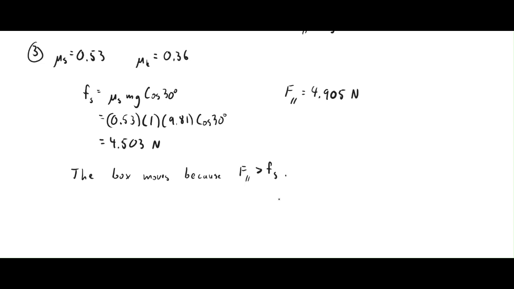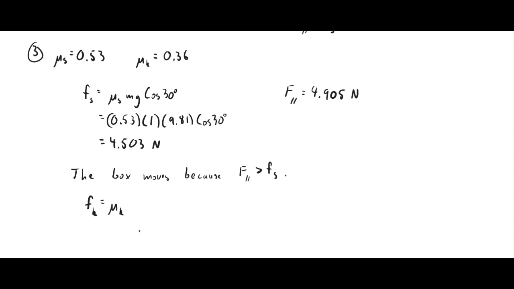We're not done though now. We know the box is moving. We can't go and find the acceleration based on the difference between these. When the box is moving, this is not the friction the box experiences. The box will experience friction based on the kinetic coefficient. So kinetic means moving, static means not moving. You need to check this one to see if the box moves, but if it does move, then that friction force is actually the kinetic friction.